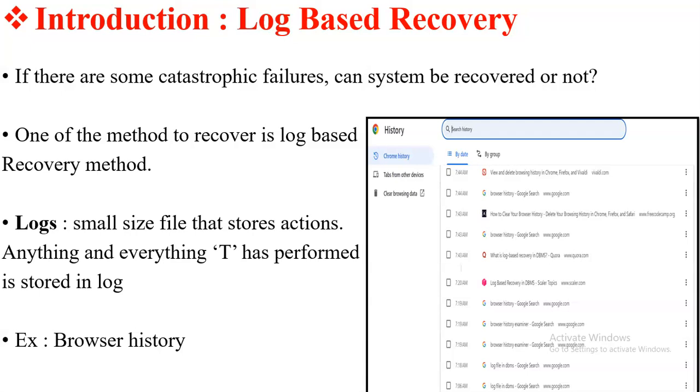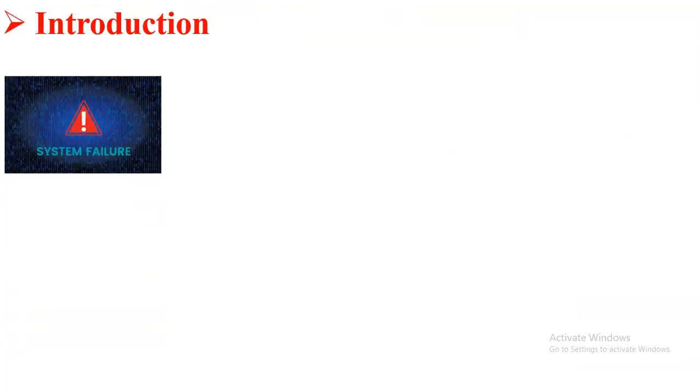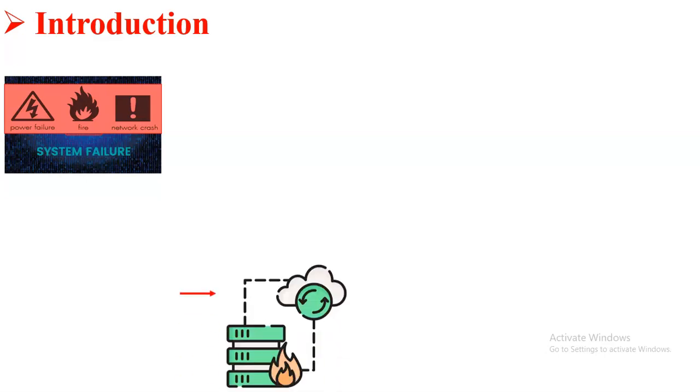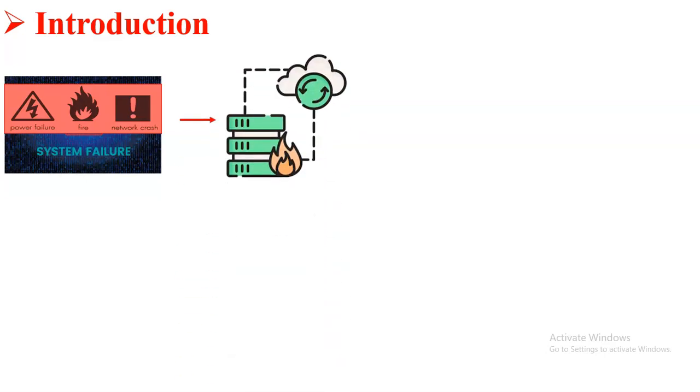Similarly, let us now map this concept to database transactions. If a system fails, the reason for system failure can be anything. It can be power failure, some natural calamities like fire, floods, volcanoes, or a simple network crash. But then we have to recover from such system failures.